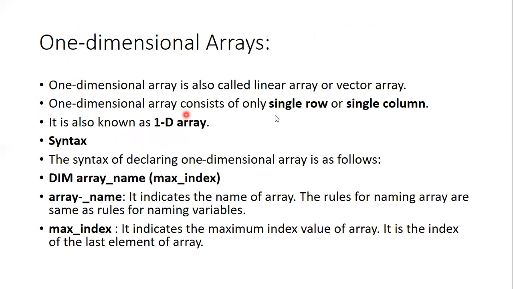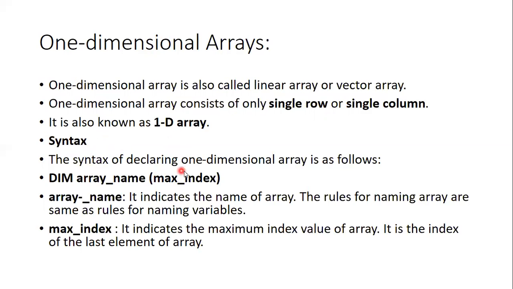This array consists of only a single row or a single column. ऐसी array कि जिसमें या तो सिर्फ एक single row होती है, fine, या single column होता है, that particular array is known as one dimensional array. It is also known as 1D array. Clear?